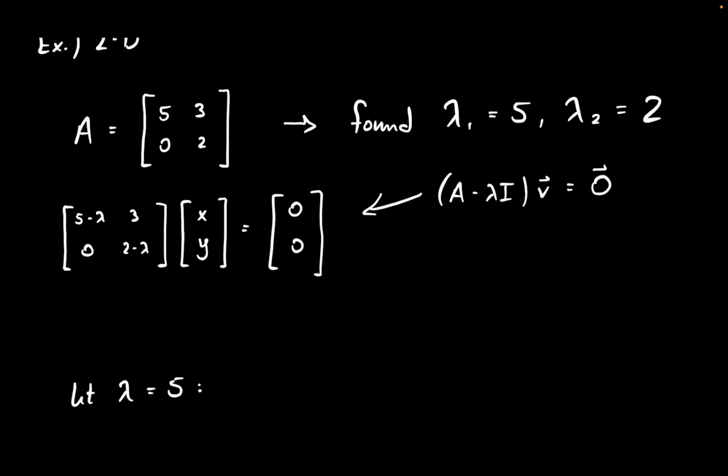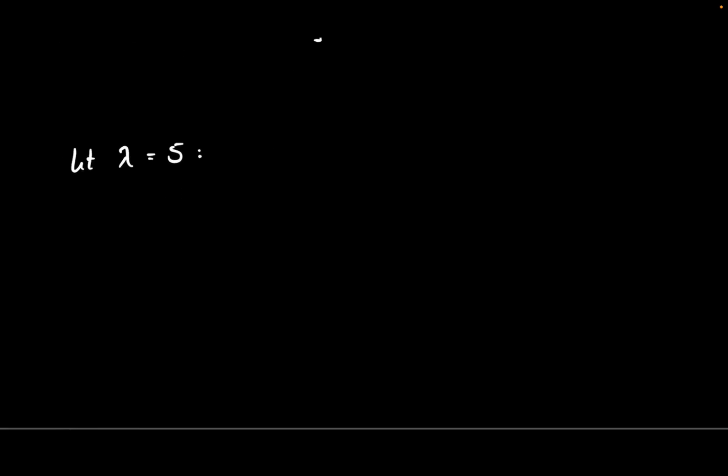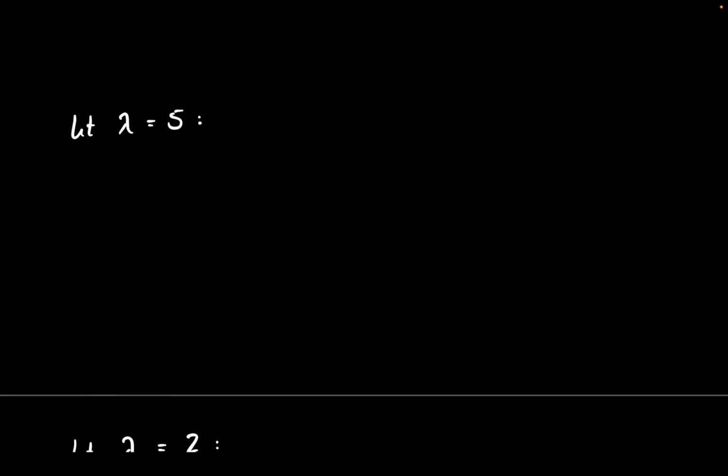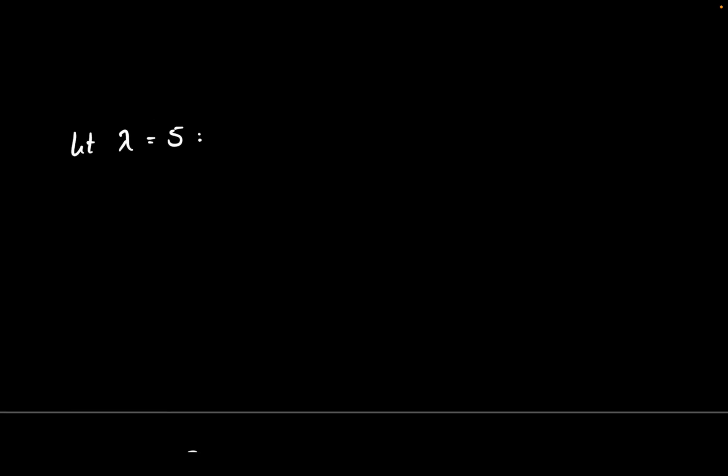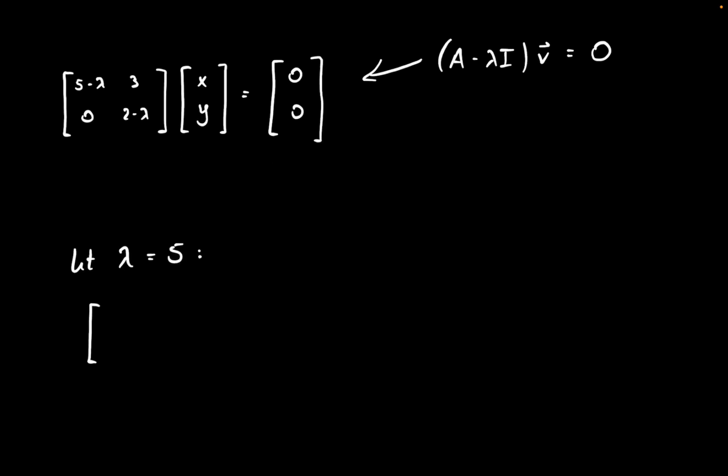So let's say we start out with our eigenvalue of 5. We're going to have our A matrix of 5 minus 5, so we'll have 0, and 3, 0, and then 2 minus 5, or negative 3. And then we'll have our x and our y, and this will be equal to 0, 0.